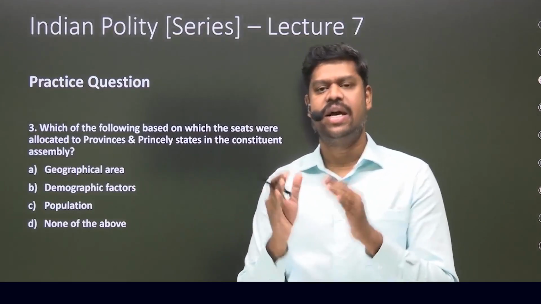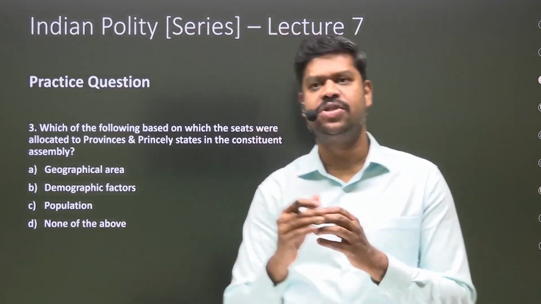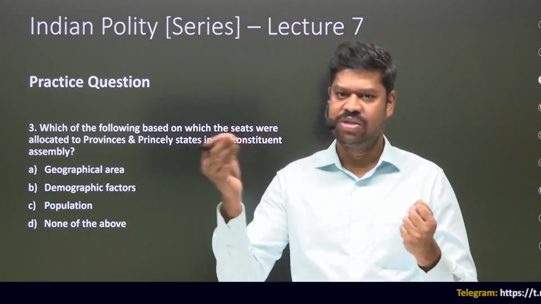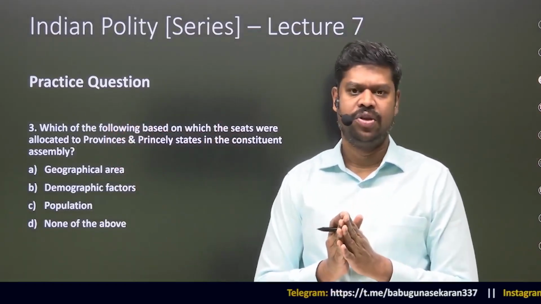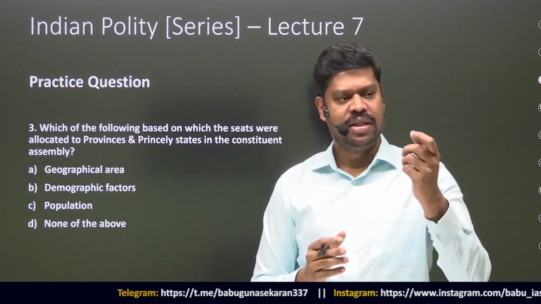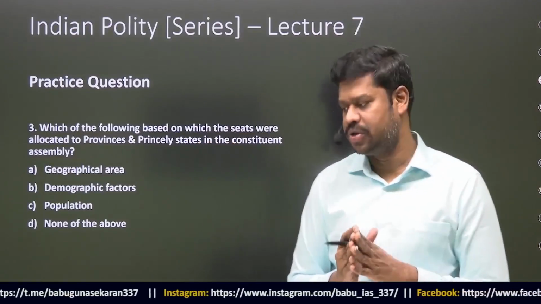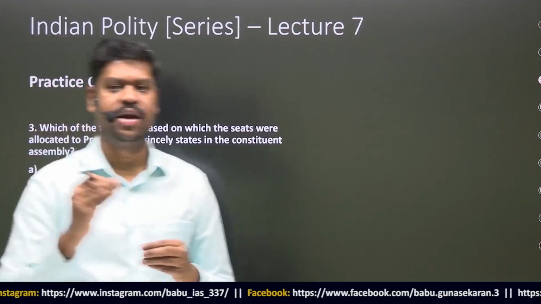So as per this design, the Constituent Assembly is to have membership from both the princely states as well as the provinces, and to some extent from the commissioner provinces as well. We have already read that in case of the princely states and the commissioner provinces, it was by way of nomination, and in case of British provinces, it was by indirect election.